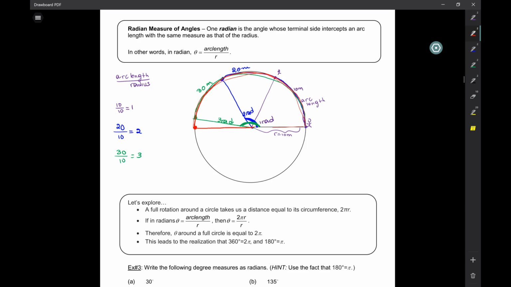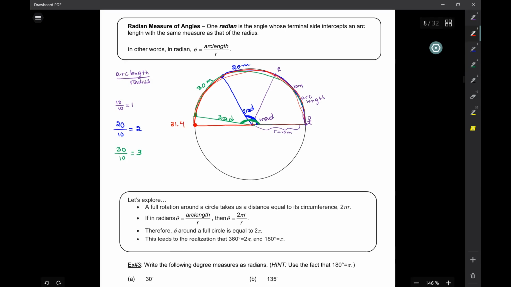Okay, so he looks at his pedometer. How much has he walked? Because he just stopped short. 31.4 meters, right? So what is his angle then? 31.4 over 10, how much is that, guys? 3.14.